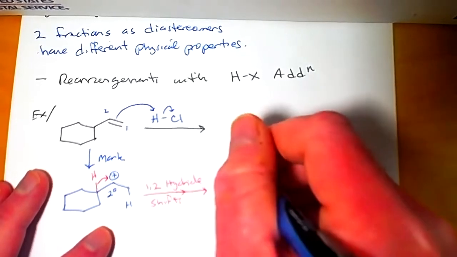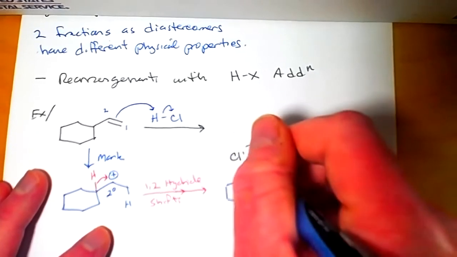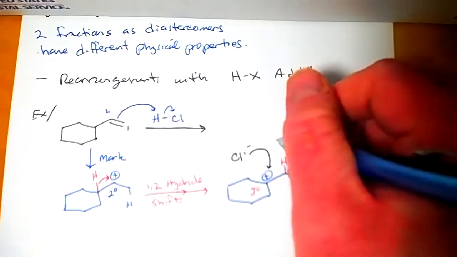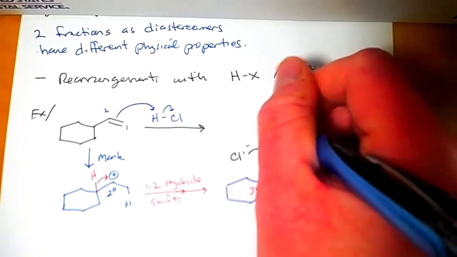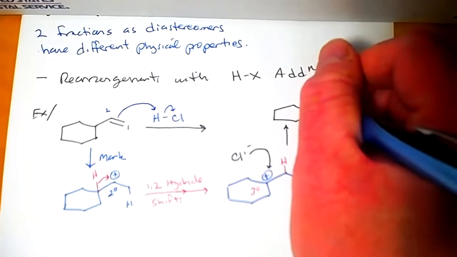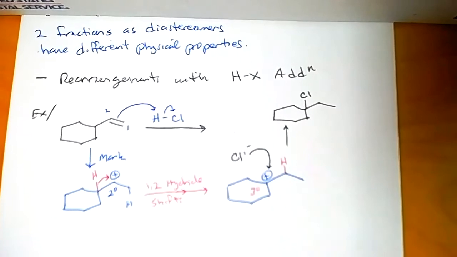So the chloride can add into that position, giving us this product. So that would be the major product that you would see there.